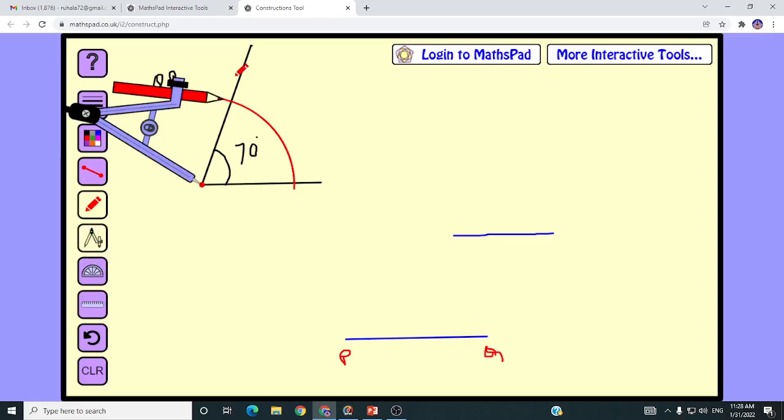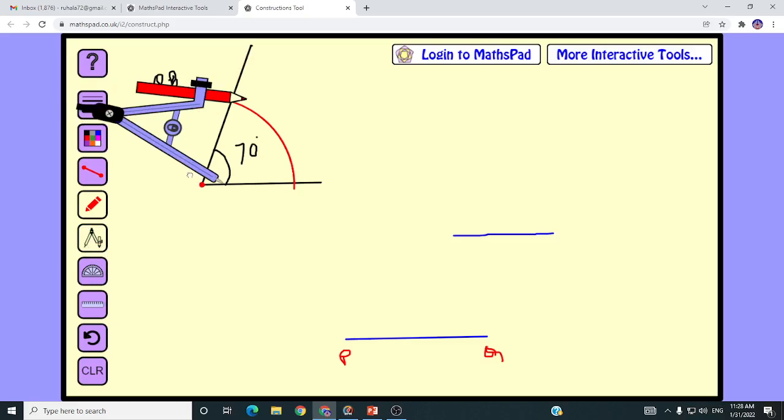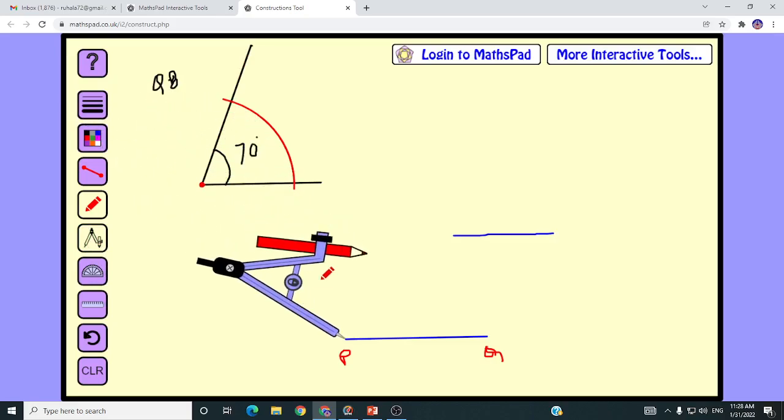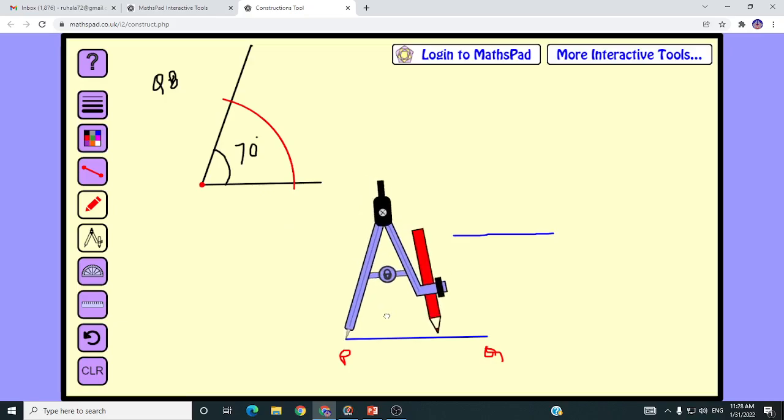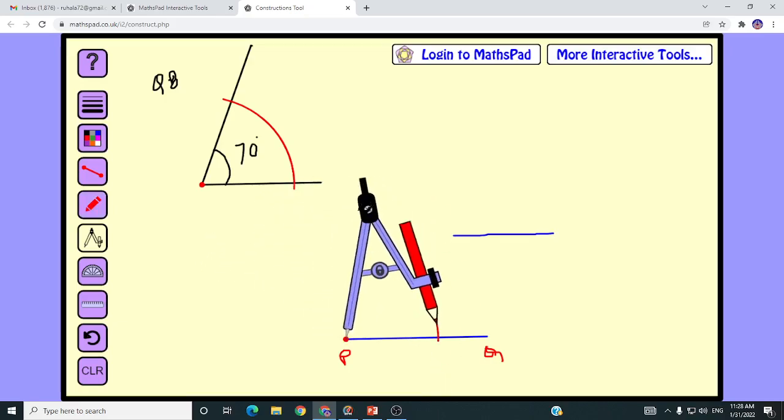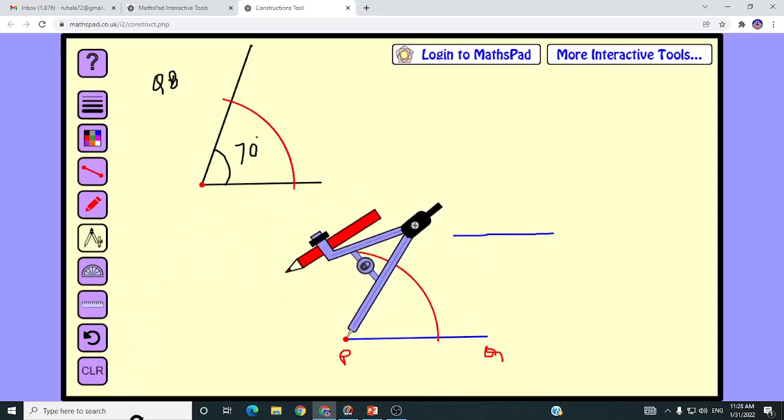With the same radius, keep the point P and mark an arc. Same radius. Now we will go to the 2 points. This is the A point and this is the B point.